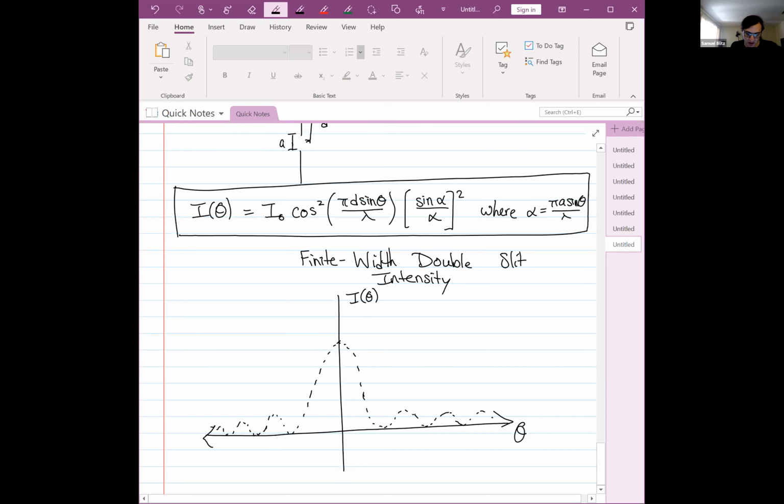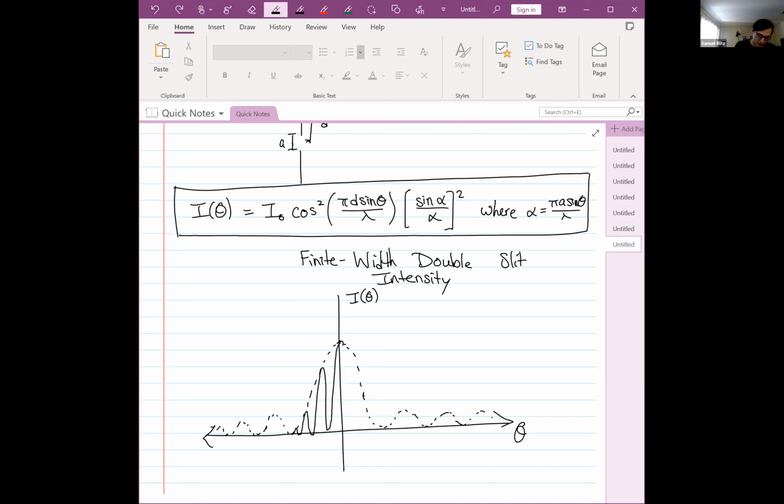Does a finite width affect the distance between bright and dark spots? Yes, but only a little bit. Assuming that the distance between the slits is greater than the width of the slits themselves, which is kind of necessary, then your bright and dark spots will be significantly closer.